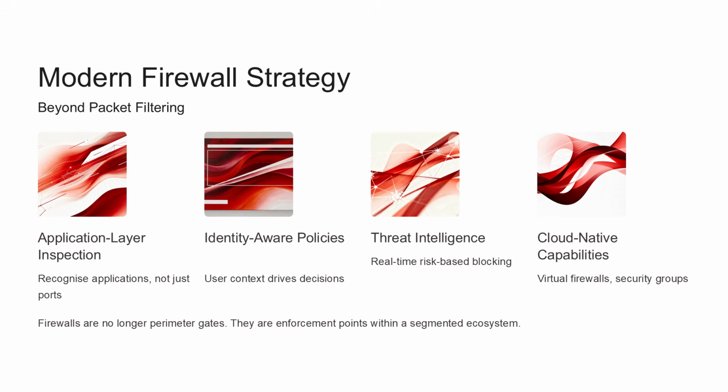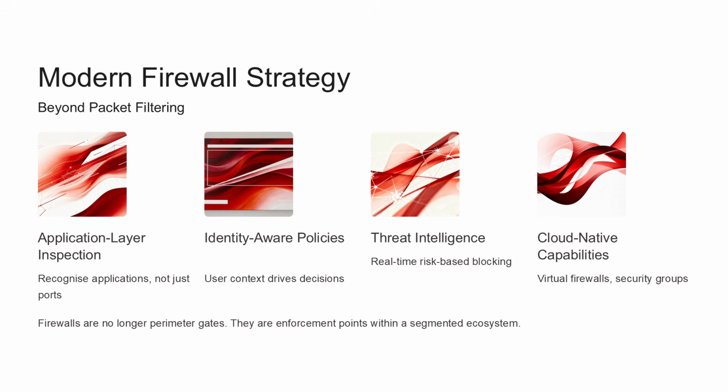Modern firewall strategy must consider application layer inspection, identity-aware policies, threat intelligence integration, cloud-native firewall capabilities, centralized policy governance. Instead of static IP-based rules, modern policies may include user identity context, application recognition, risk-based blocking, encrypted traffic inspection where appropriate.